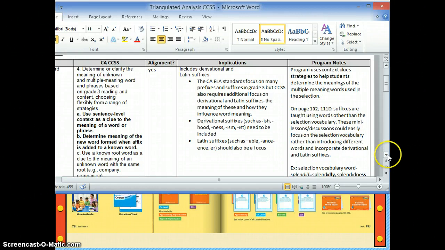And then I put some notes to myself that on page 102 and 111D, suffixes are taught using words other than the selection vocabulary. And so, these mini lessons and discussions could easily focus on the selection vocabulary rather than introducing different words and incorporate the derivational and the Latin suffixes.